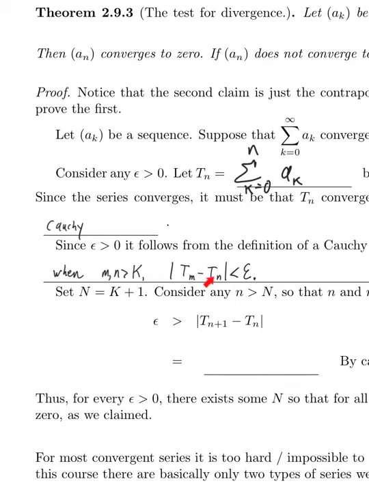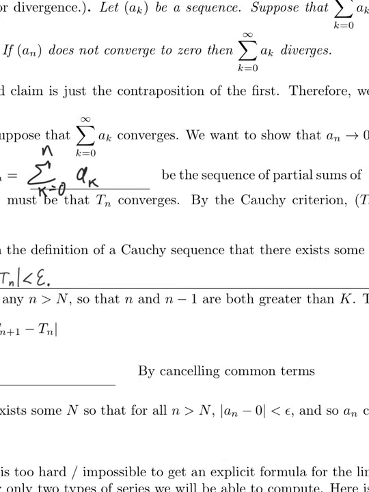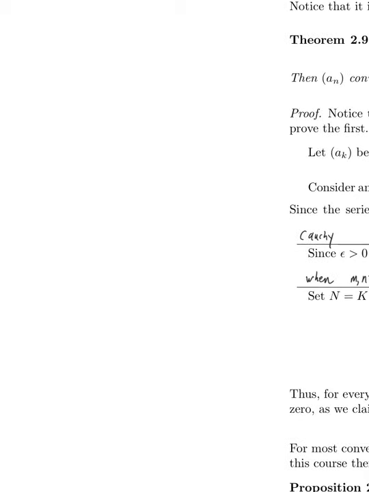I want to know something about a_n. But there's one thing that I do know about a_n. Let's point this out off to the side. If I take T_{n+1} and subtract T_n, well, that's the sum from k equals 0 to n plus 1 of a_k minus the sum from k equals 0 to n of a_k.